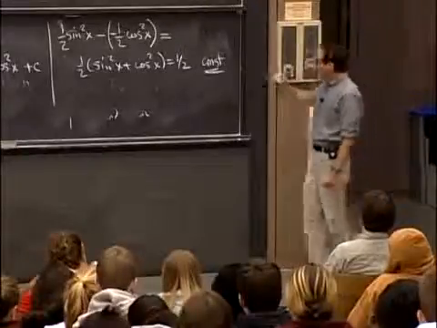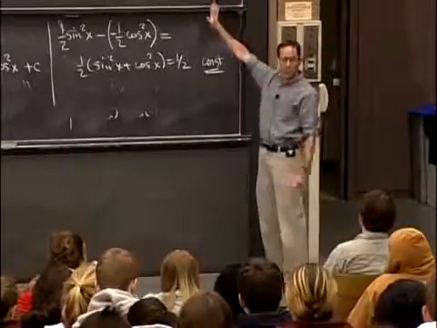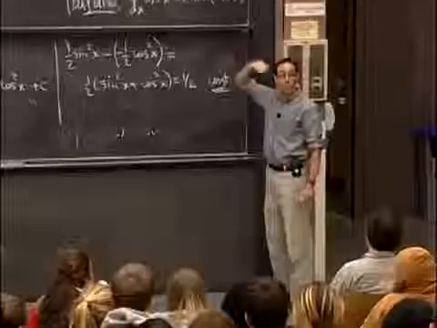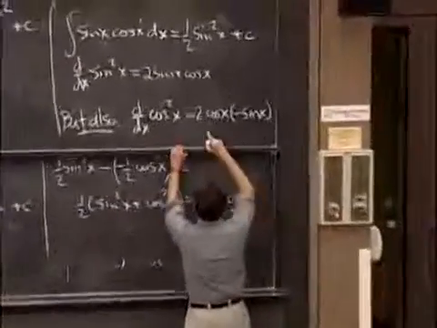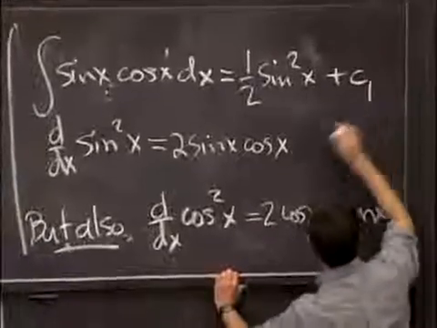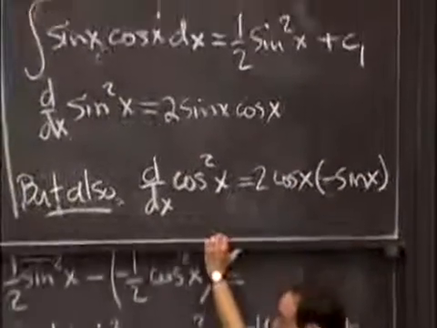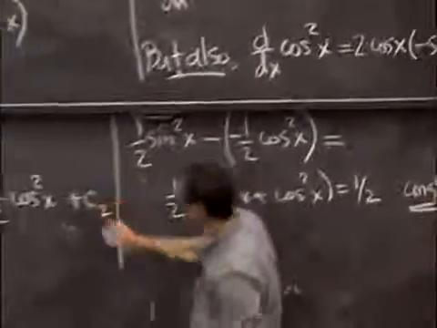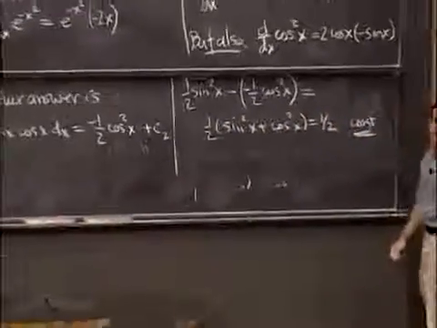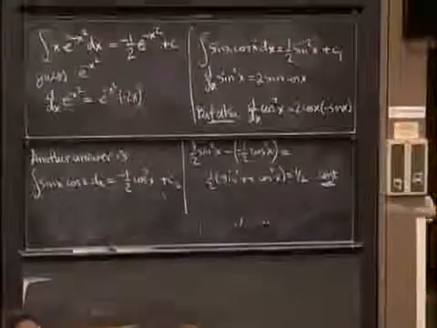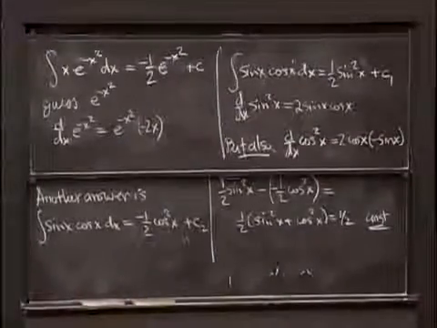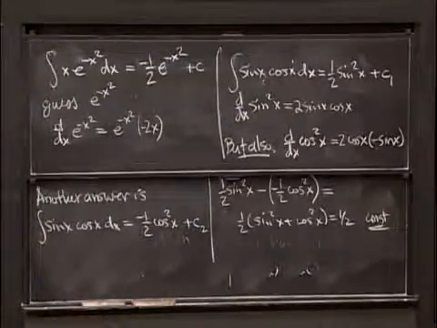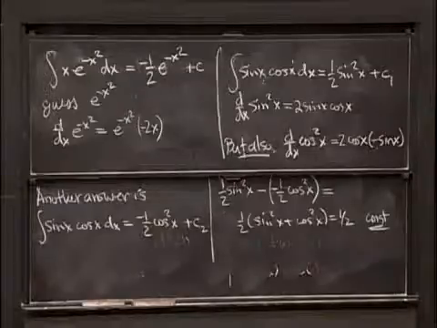So what's really going on here is that these two formulas are the same, but you have to understand how to interpret them. There's a constant C1 associated to this one. There's a different constant C2 associated to this one. And this family of functions for all possible C1s and all possible C2s is the same family of functions. And what's the relationship between C1 and C2?